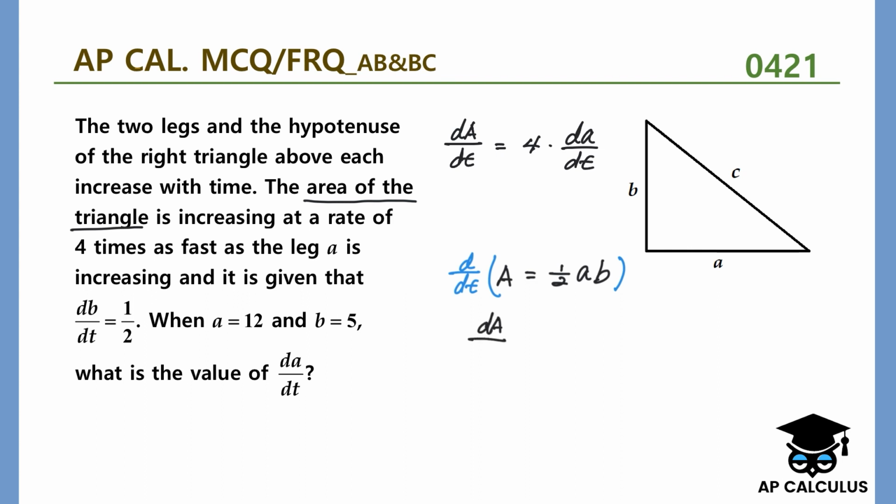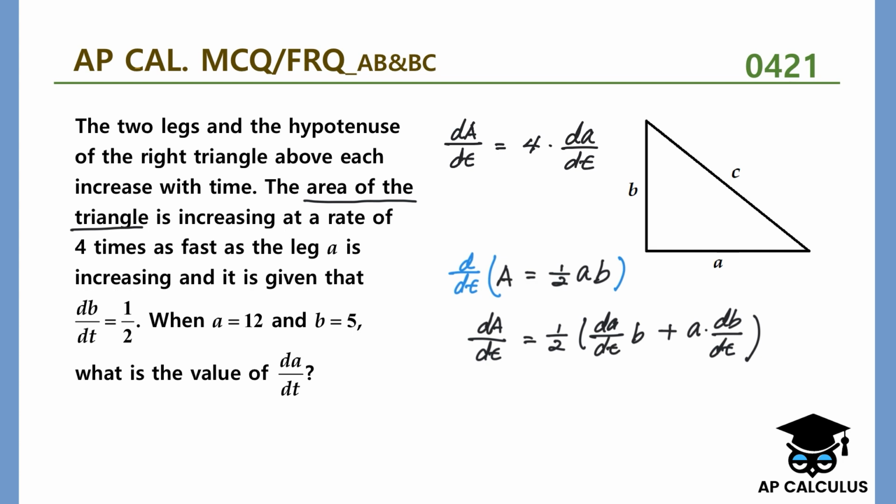dA over dt is equal to 1/2 times the derivative of AB, right? So we're going to have to apply the product rule. Derivative of leg A, that's dA over dt, times leg B, plus leg A times the derivative of leg B, that's dB over dt, right?